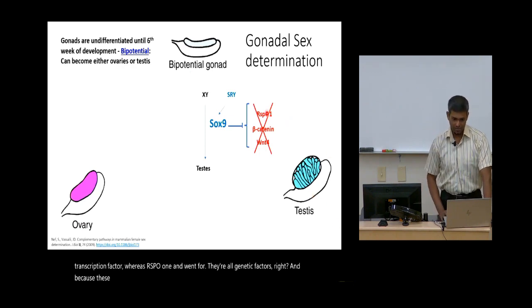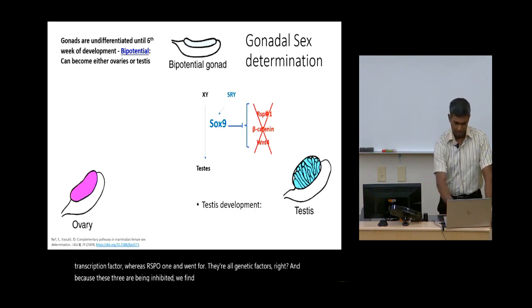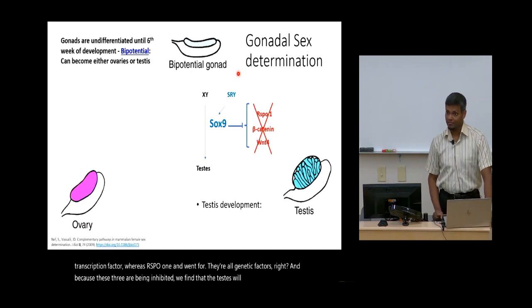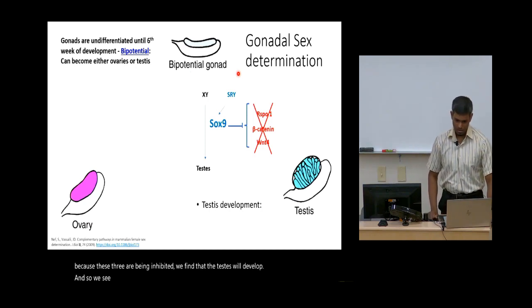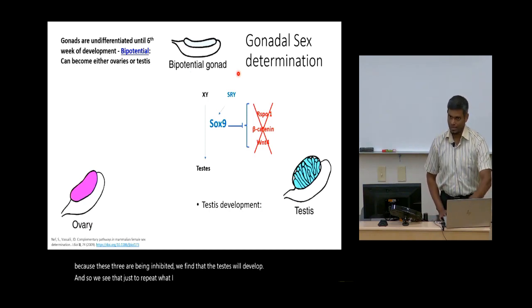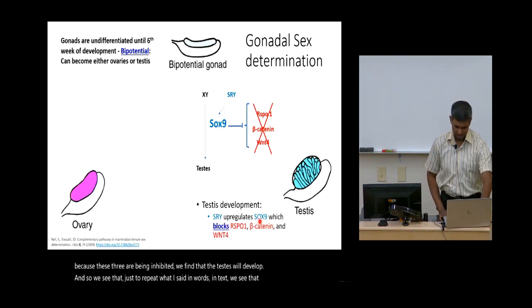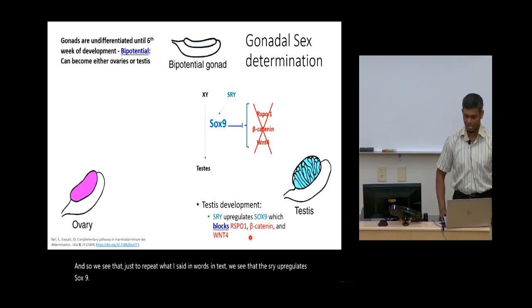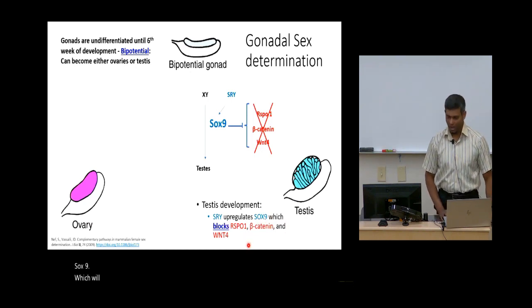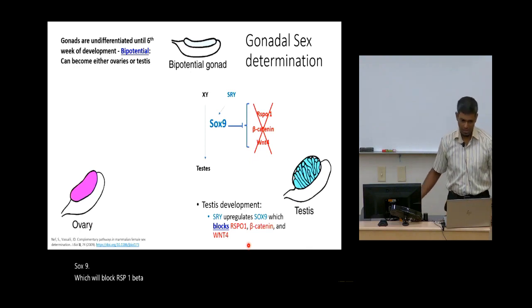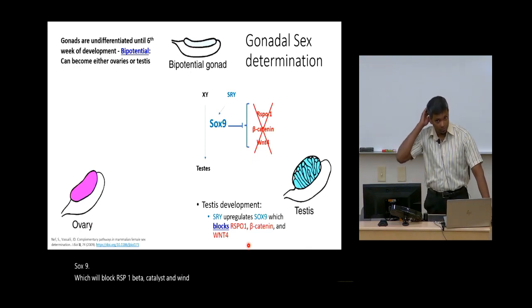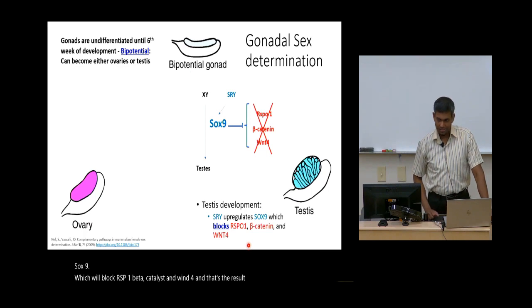And because these three are being inhibited, we find that the testes will develop. Just to repeat what I said in words in text, the SRY upregulates SOX9, which will block RSPO1, beta-catenin, and Wnt4. And that's the reason why the testes will develop.